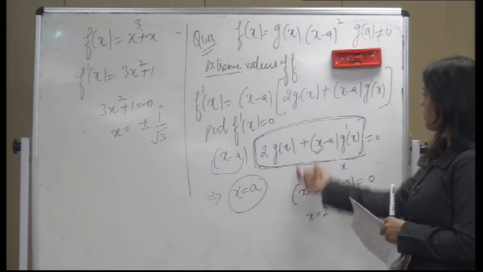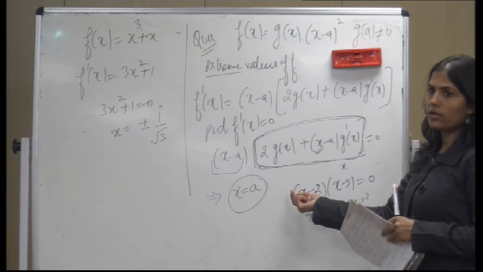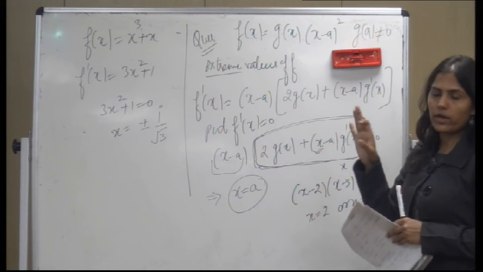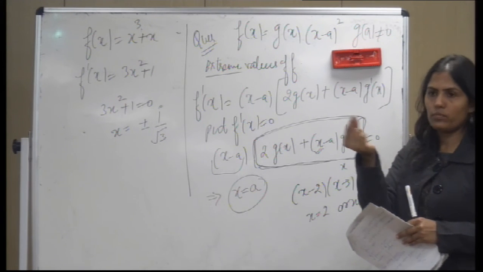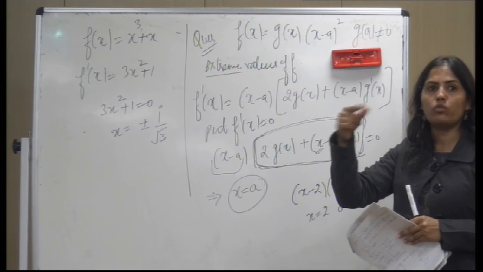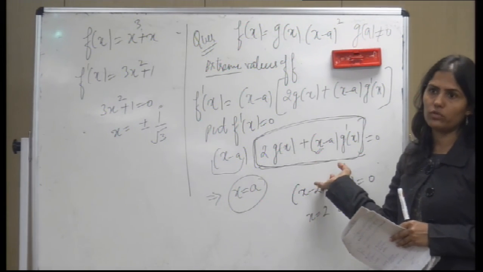You just solve this a little bit. 2g(x) will be minus (x minus a) g dash x. So you are getting some points, but particular x points you are not getting. To get particular points, what should you know? Your g(x). You don't know your g(x), so how can you find x points from here?